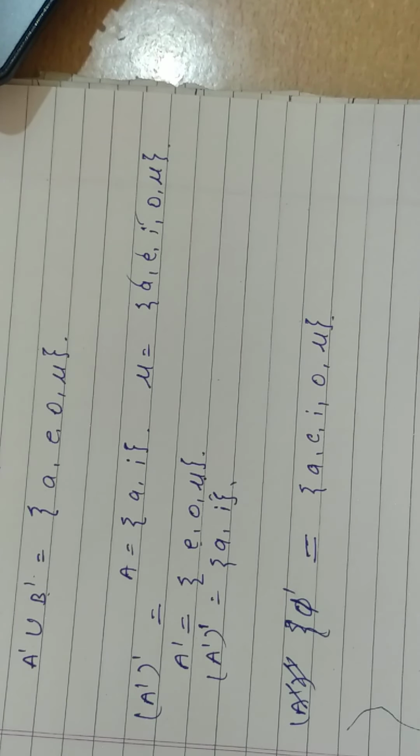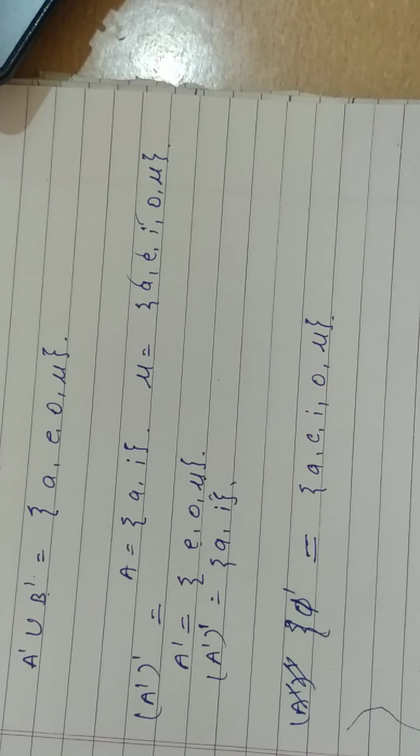Now next, in the fifth part we are finding the complement of A union B. When we find the complement of A union B, then we get O and U. Okay, and in the next part, what do we get?